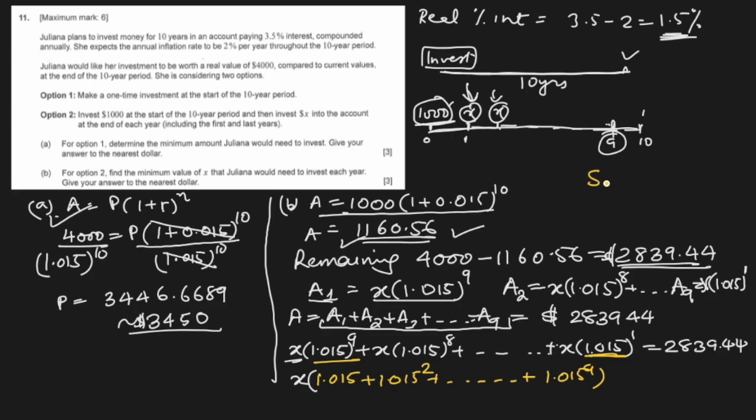What do we know? Sn for a geometric sequence is u1, or you can write U in place of A, the first term, times r to the power n minus 1 over r minus 1, and that's how I will find this.